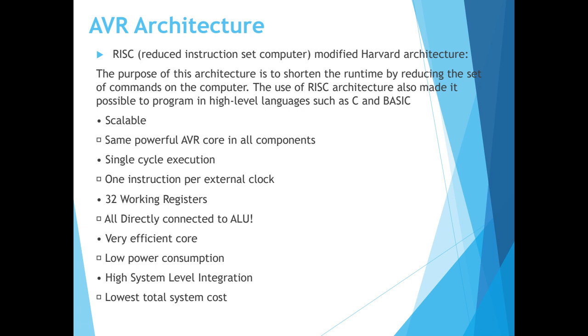I explained about the ALU in the previous session, if you remember. It has a very efficient core. Low power consumption is another feature of this architecture. It has a high system level integration, and the lowest total system cost is another characteristic of the AVR architecture, which is called Harvard. Which type? RISC type.